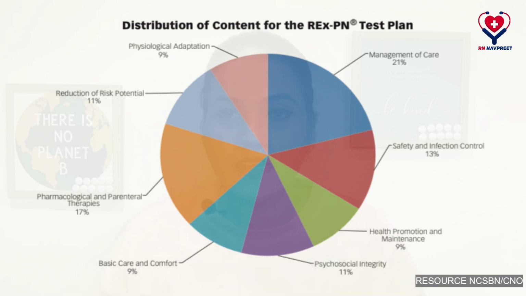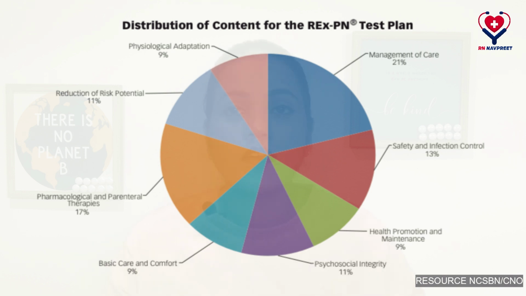The second category is safety and infection control, and you can expect up to 13% of the exam content from this category. The third one is health promotion, and you can expect up to 9% of the exam content from this category. The fourth one is psychosocial integrity, and you can expect up to 11% of the exam content from this category.